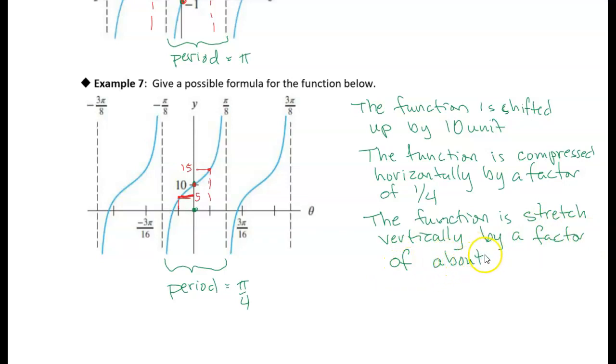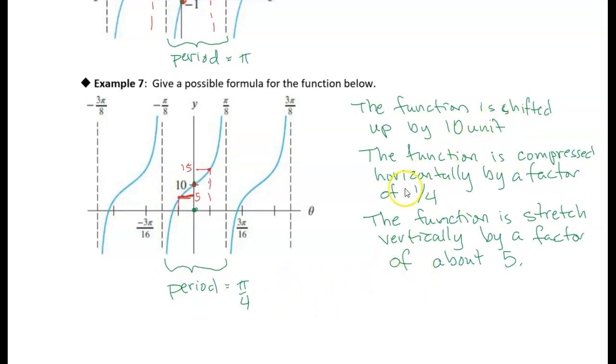We had to estimate that, but I'm going to say it's about 5. You might estimate that to be something different. But it's somewhere between 0 and 10. It looks like it's about halfway between. So that takes care of it.